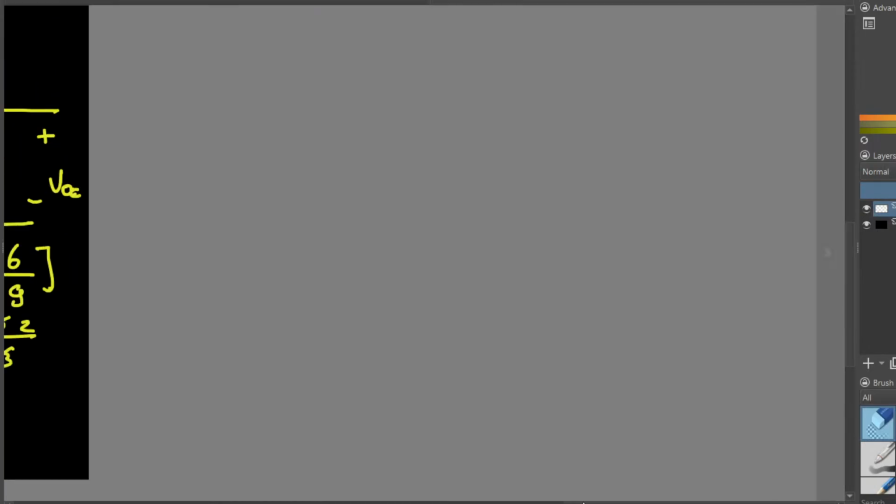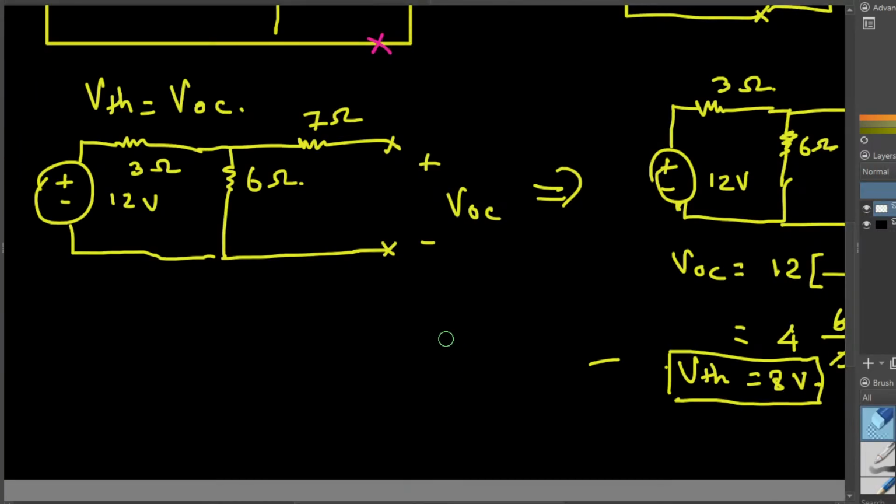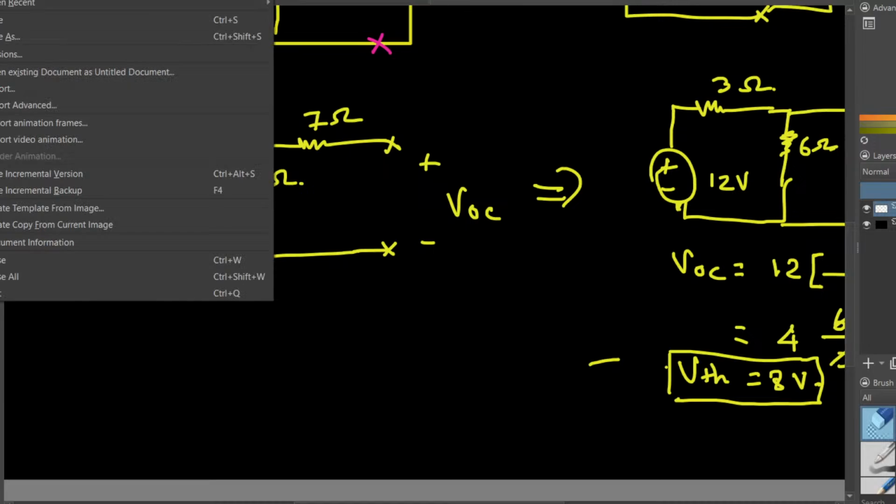So what independent sources do we have in this circuit? We have only one independent source, that is this voltage source right here. So we have to kill this voltage source and then solve for the R equivalent. I'm going to create a new page for it, okay?